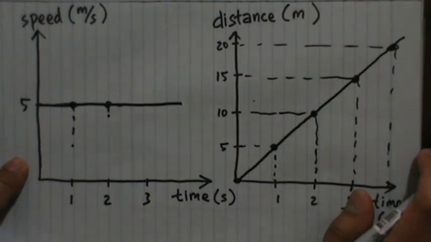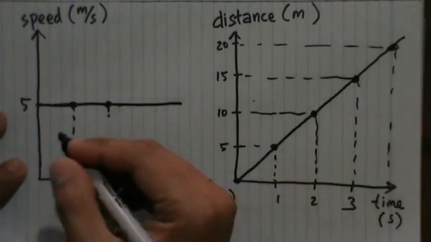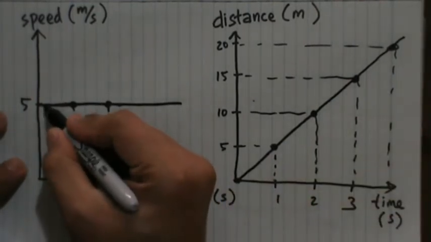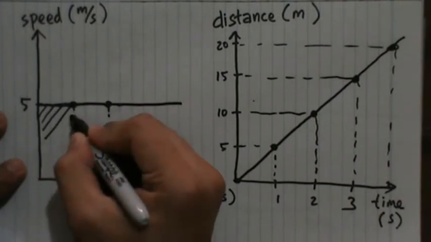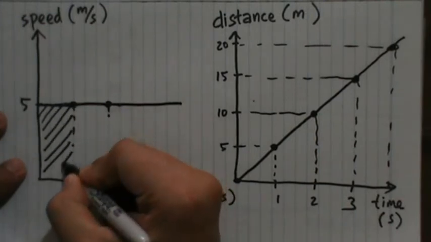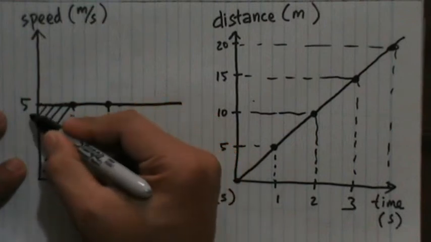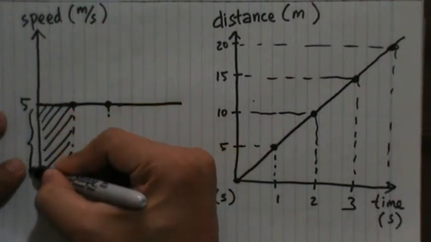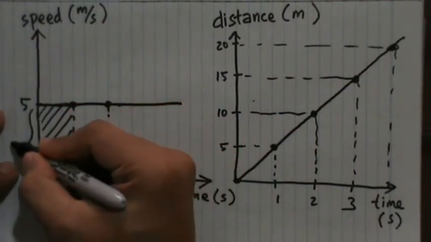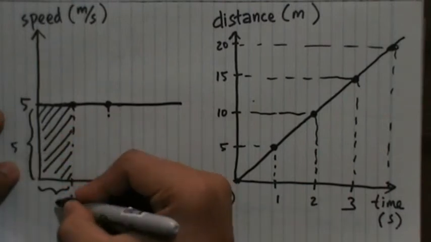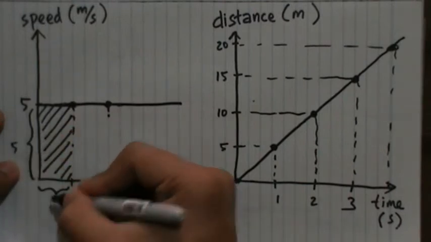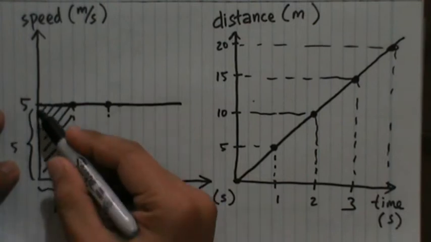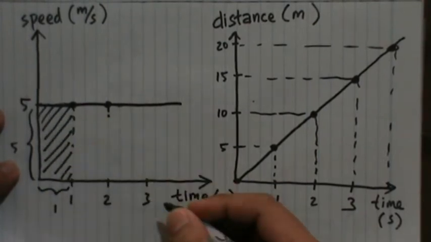And if you have a look here, you will see a very interesting point. Let's find the area under the speed versus time graph here. We have an area here whose value is 5 times 1, so the area is 5.